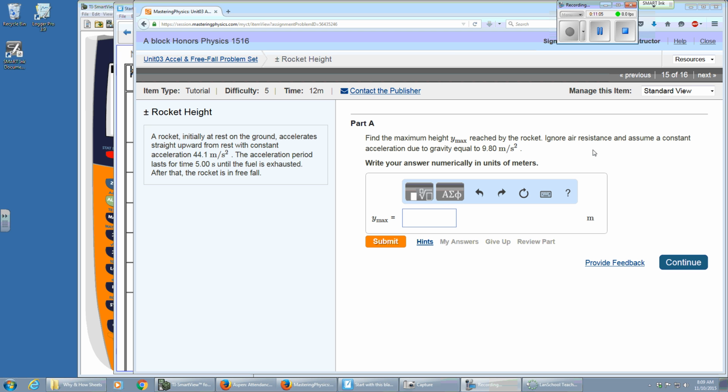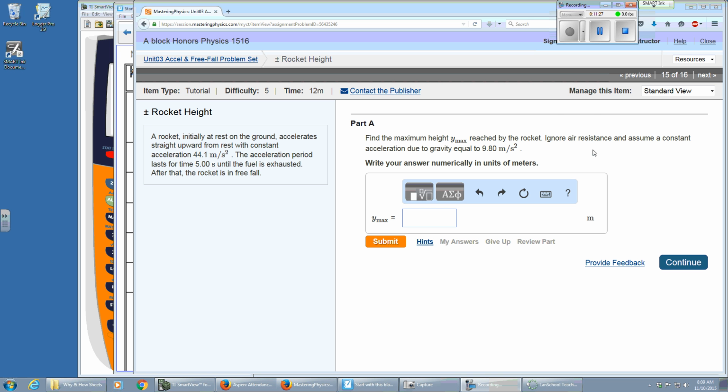And then its maximum height, what do we know is special about its maximum height? It's only true at its maximum height. It's not moving. Its velocity is going to be 0. That's the special condition of its maximum height.